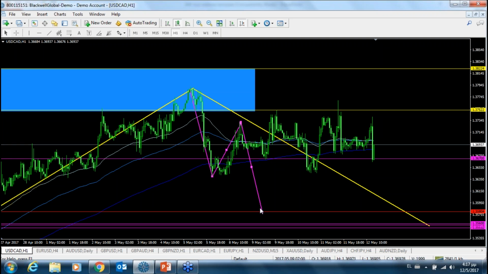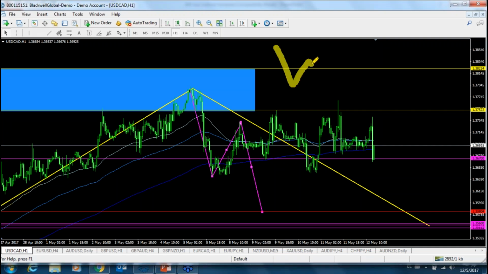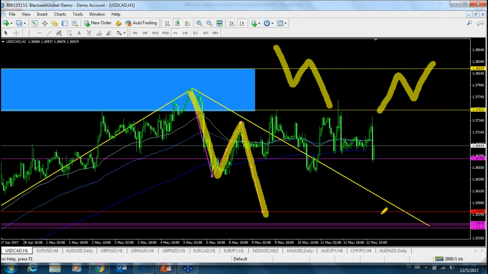We're only trading the last leg of the ABCD pattern. So a bearish ABCD pattern is shaped like this. A bullish ABCD pattern is shaped like that. Okay, so now we're looking at a shape like this, which is a bearish ABCD pattern. So we are only trading the C to D leg, but only after it crosses downwards and under the, what do you call that, the centroid.